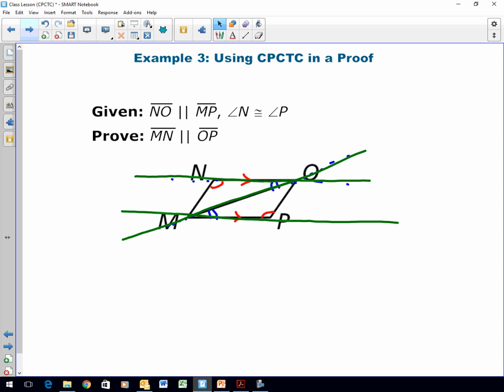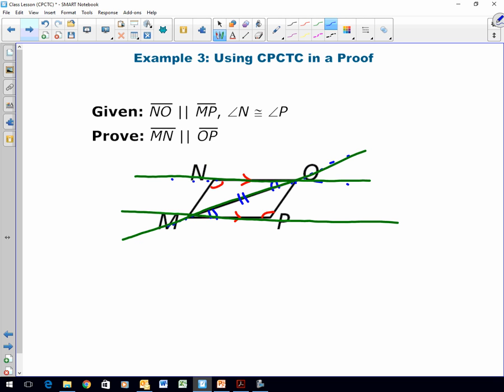Now, how is MO congruent to itself? Adriana, how is MO congruent to itself? Perfect. Anytime I say something's congruent to itself, you should think the reflexive property.